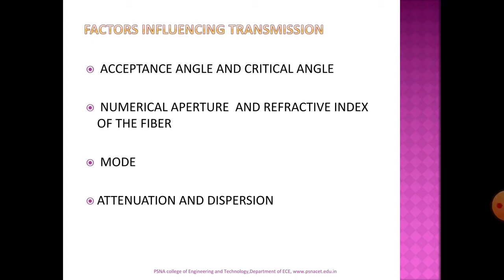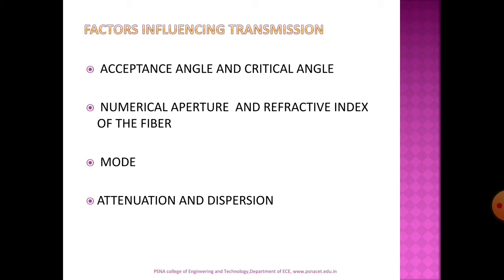The next important thing is the numerical aperture, which is the maximum light gathering ability, or light collecting ability, of the fiber. This factor depends on the refractive index of the fiber, which means we should maintain a proper refractive index. The refractive index of the medium is the ratio of the refractive index of the vacuum to that of the medium.